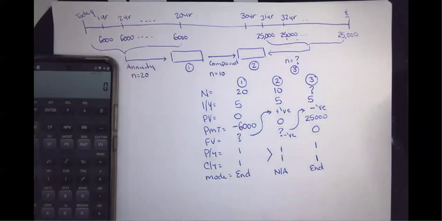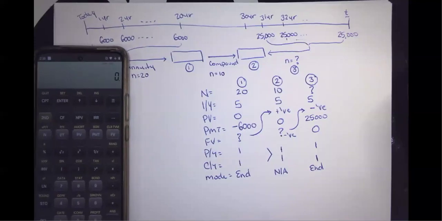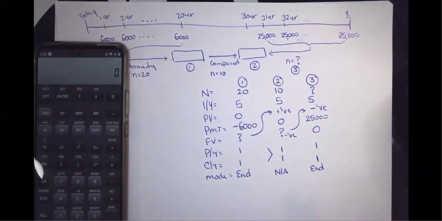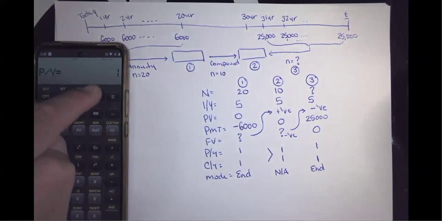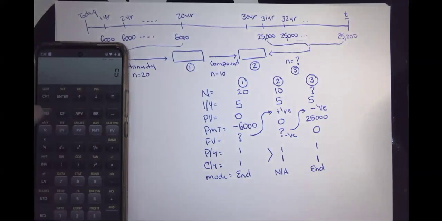Okay. So for box number 1, we have 20 and then N, 5 and then I/Y, 0 then present value, negative $6,000 is our payment, 0 is our future value, payments per year are 1, compounds per year are 1.